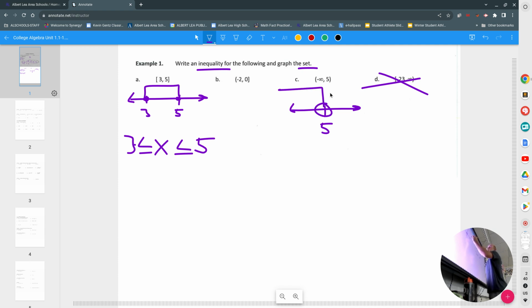Open, arrow off to the left. X is all numbers that are less than 5. That's my inequality. That's my graph. What I would like you to do quickly is do B on your own. So you can take a minute here, sketch the graph, and write the interval notation. You can compare with your friend if you need to.